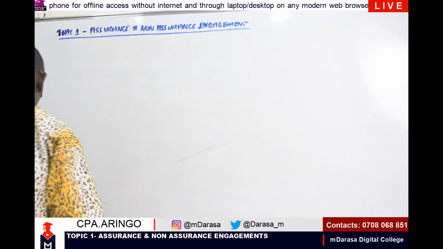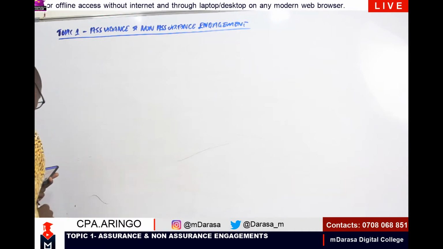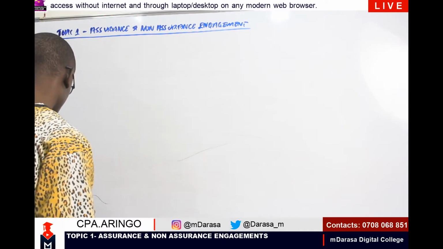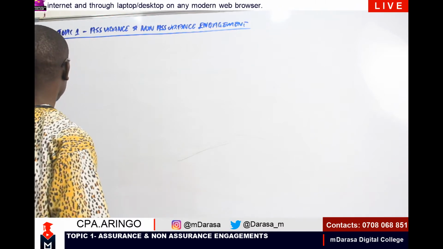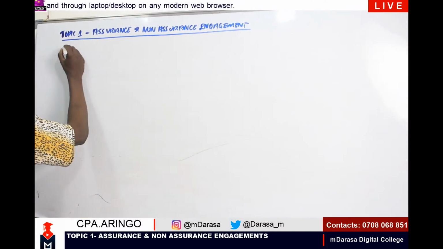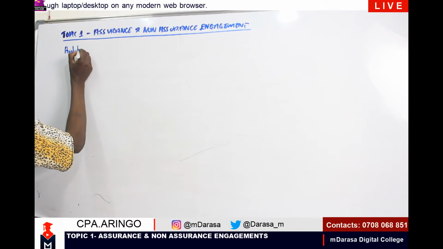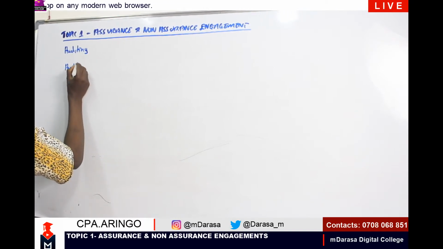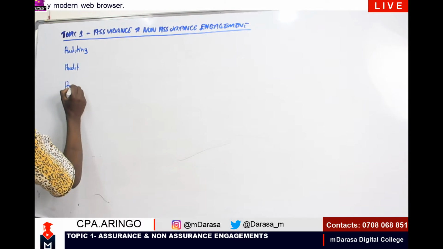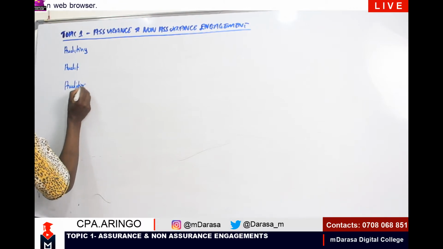So some of the key elements that I want us to understand here, I want us to understand this term. The first term that is very key, anytime we're talking about auditing, what do we mean? It will also be very important for us to understand what an audit is and who is an auditor.